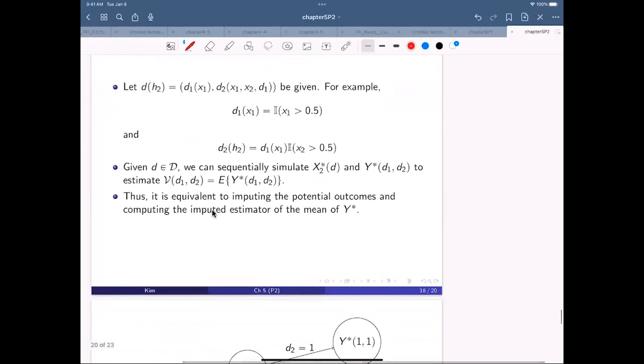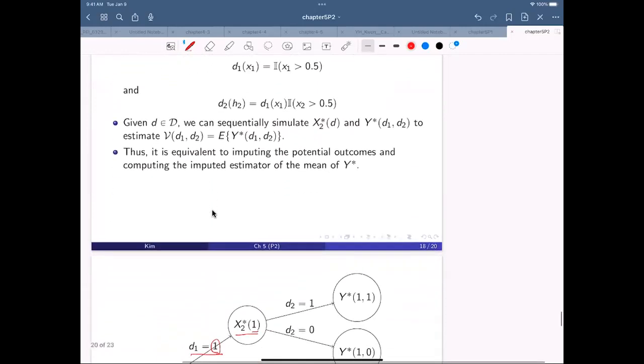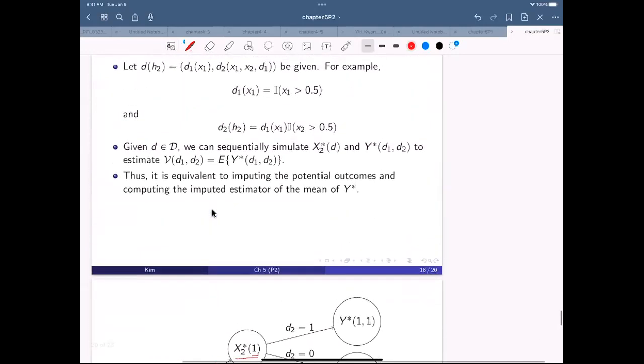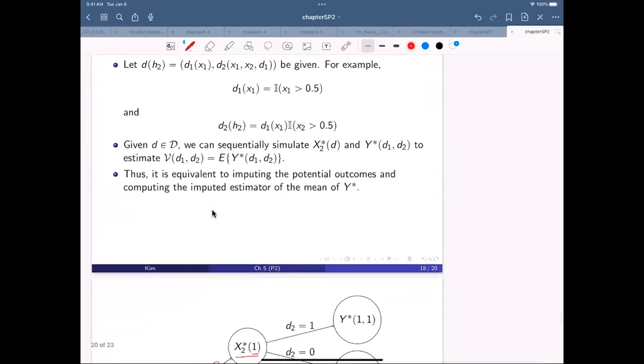So given D, we can sequentially simulate x2 star and y star under D1 and D2 to estimate the expected value of the potential outcome of y star. So it is equivalent to imputing the potential outcomes and computing the observed imputed estimate of the mean of y.